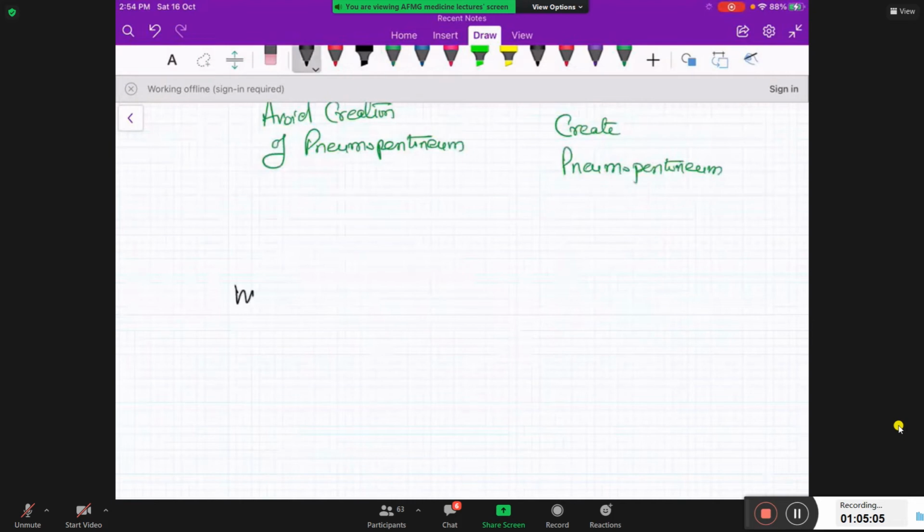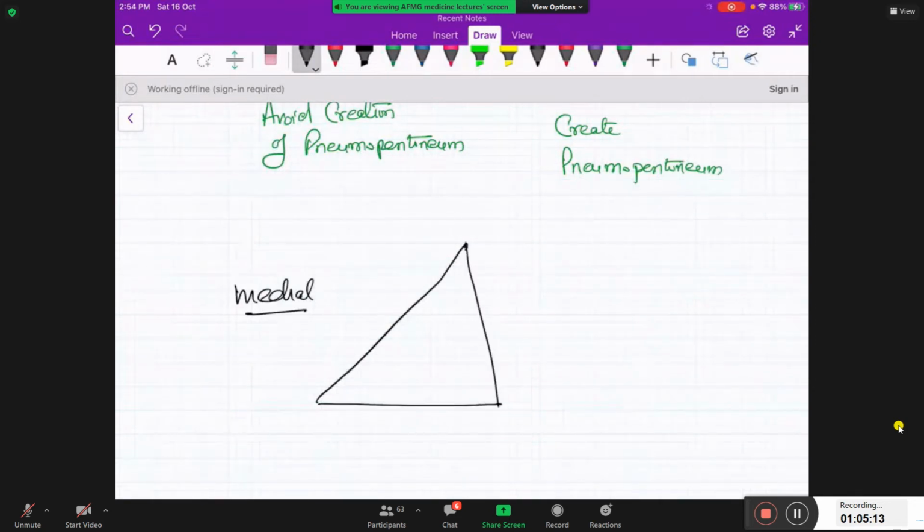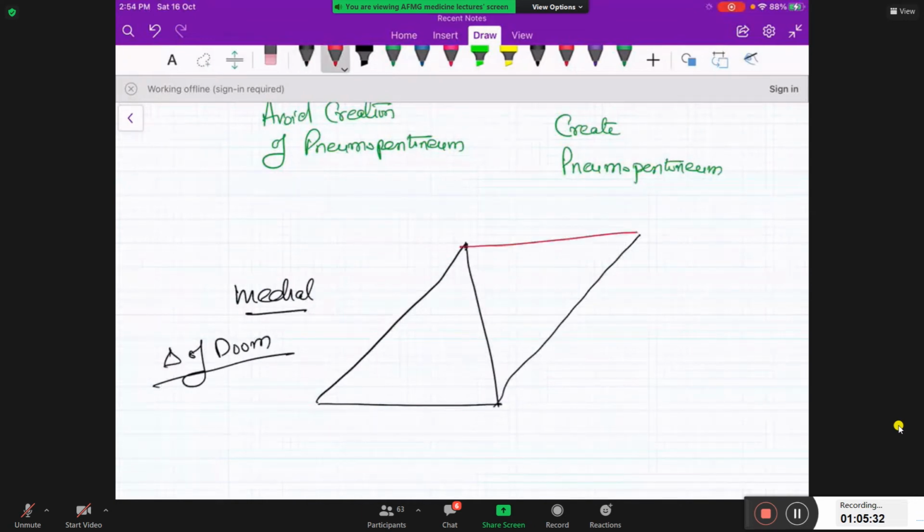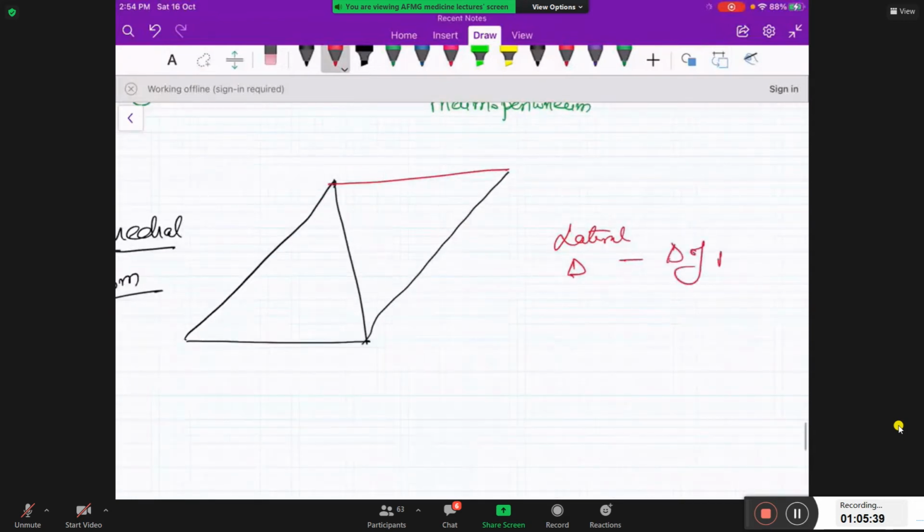One is a medial triangle, called the triangle of doom, and then there's a lateral triangle called the triangle of pain, which is also called the electric hazard triangle.